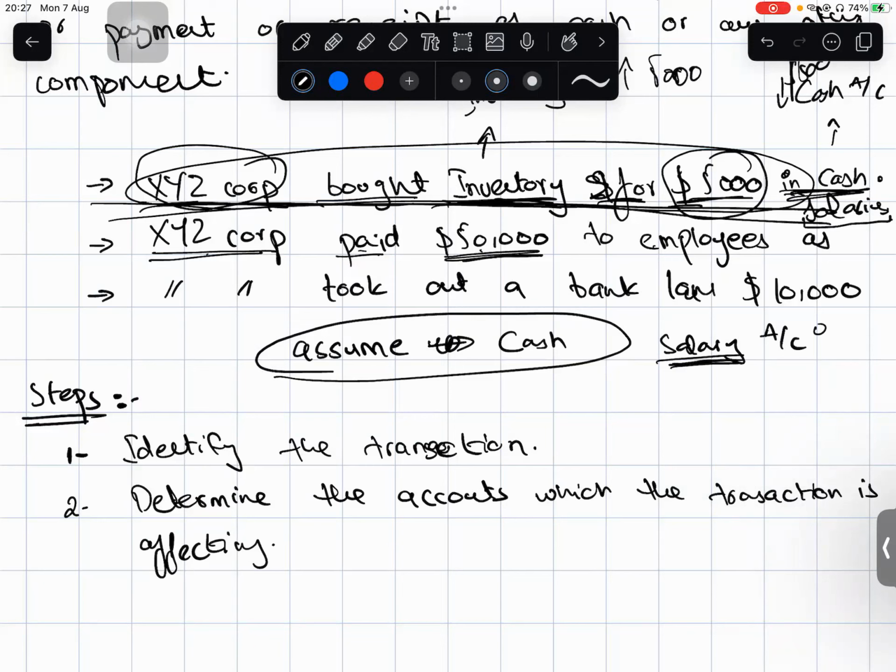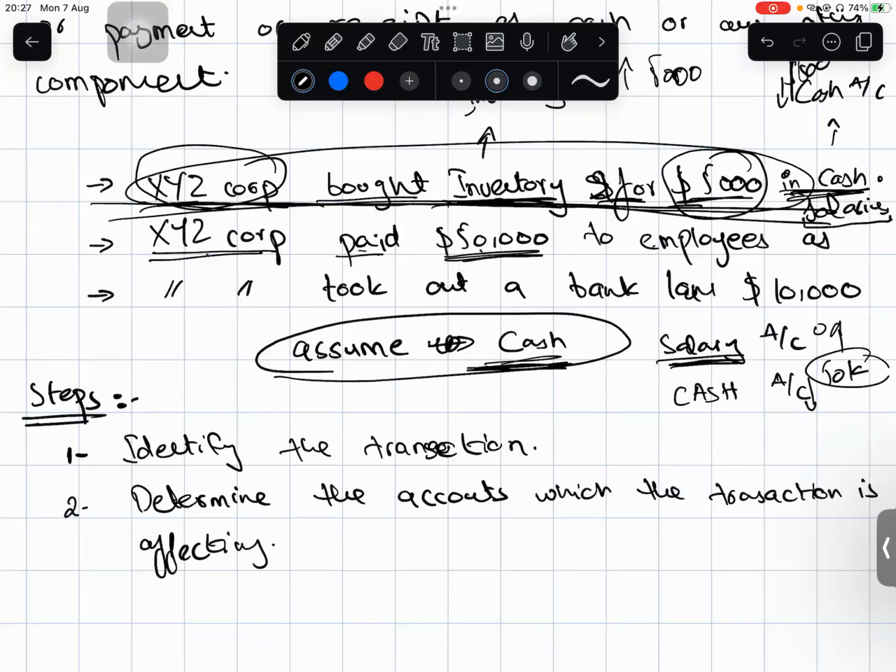So salary account will increase or decrease? Increase. Raise 50K. And how are you paying that salary? If nothing is written here, you have to assume cash. So the second account affected will be cash, and it will obviously reduce because you're paying out salaries by $50,000.